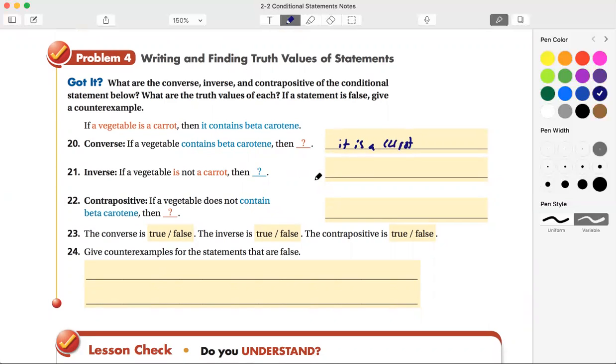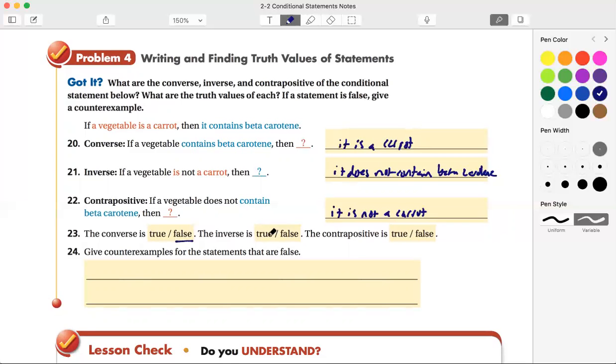The inverse: if a vegetable is not a carrot, then it does not contain beta carotene. The contrapositive: if a vegetable does not contain beta carotene, then it is not a carrot. All right, so the converse is false.